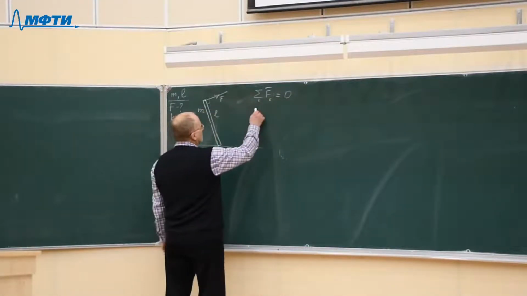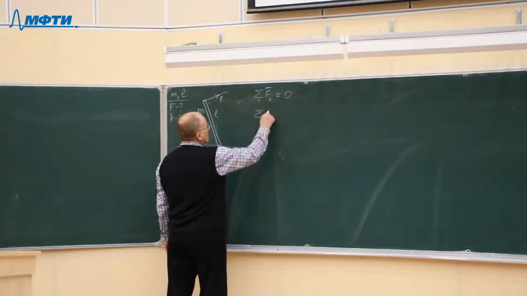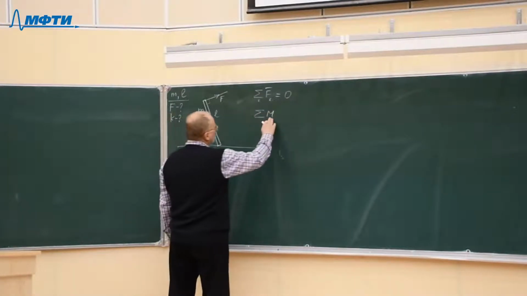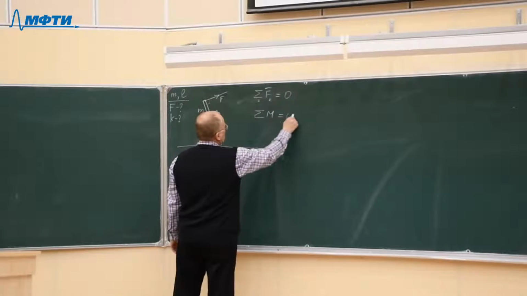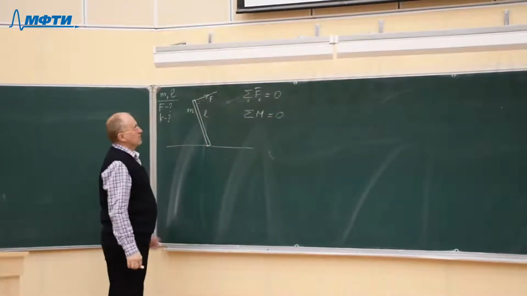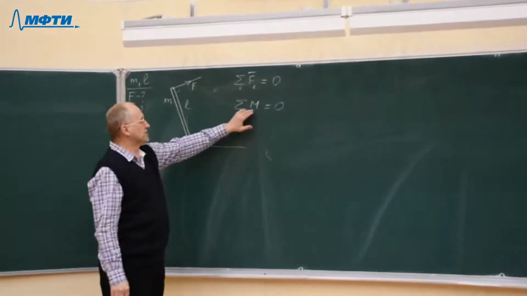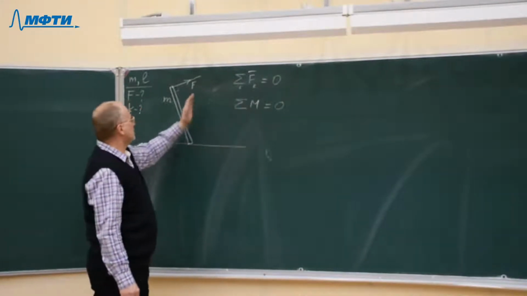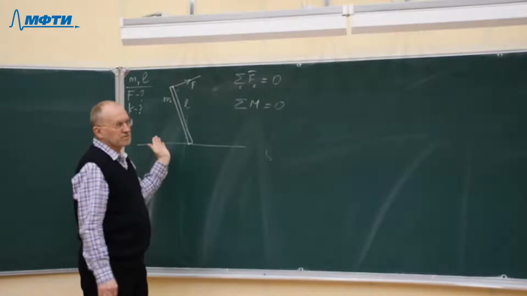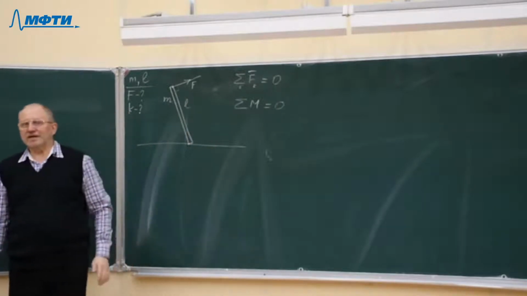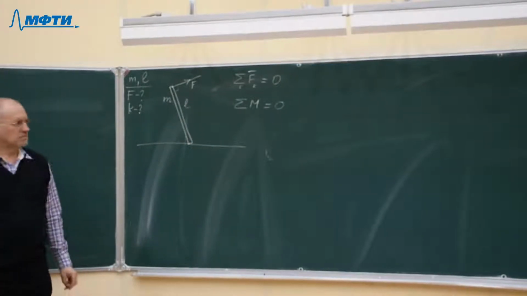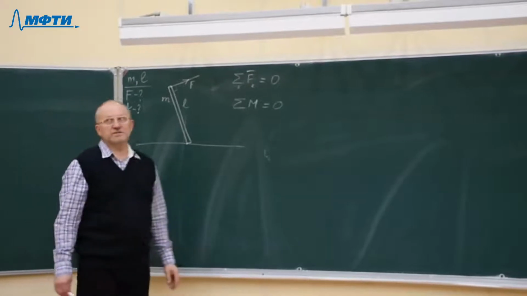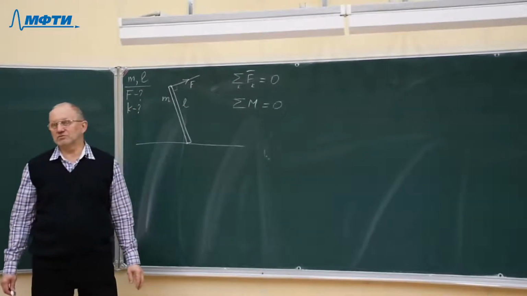And another law which applies here is the sum of all torques is also 0. Because if the sum was other than 0, then this object would start rotating with angular acceleration, according to the second Newton's law of rotational motion.